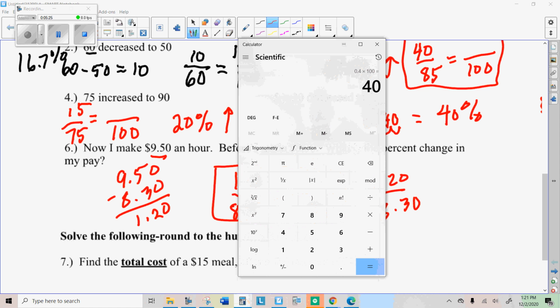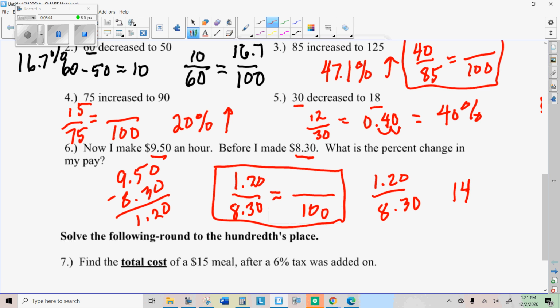So I'm thinking 120 divided by 830, and then I just move the decimal over 2 places, so I'm thinking 14.45. That would be 14.5 if you round to the nearest 10th.